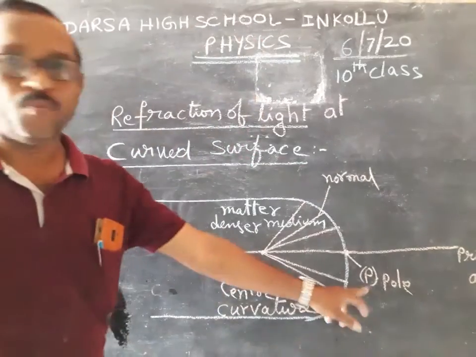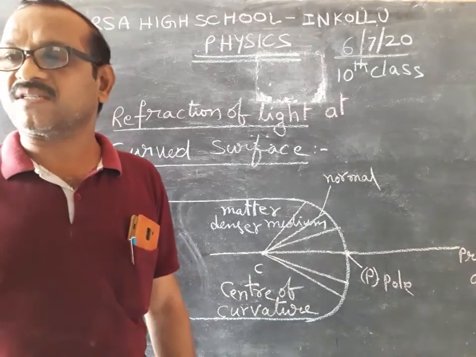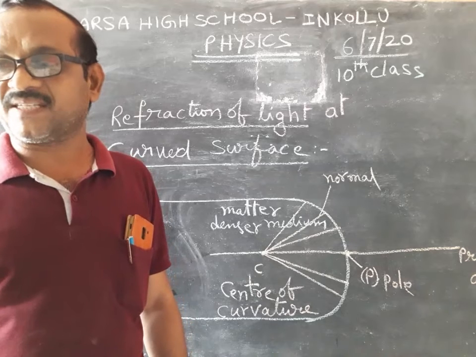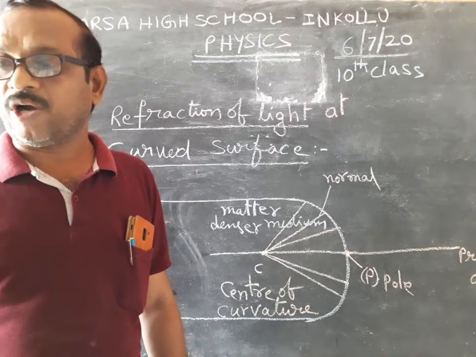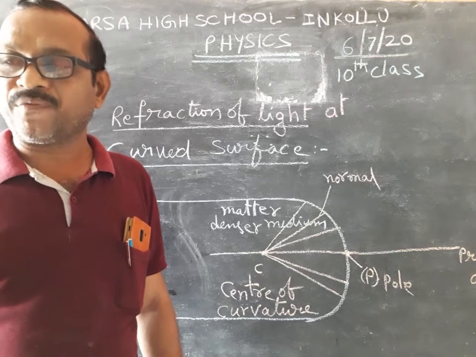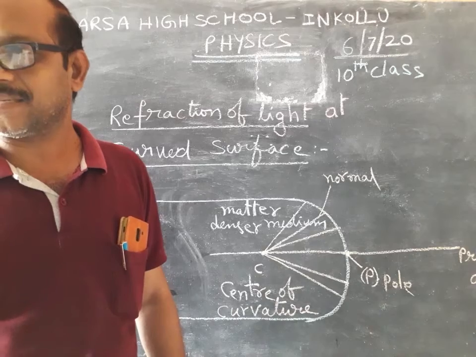In this way, the pole is there. What is the pole? The center of the curved surface is called the pole of the curved surface. The line that joins the center of curvature and the pole is called the principal axis.